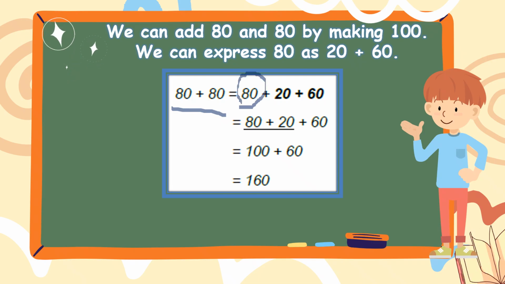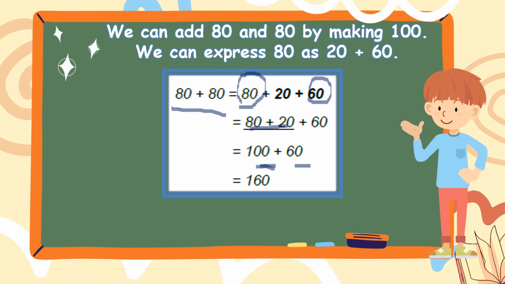Now you make it a little bit smaller so that 80 plus 20 will give you 100, plus the remaining number, which is 60, it will now give you 160. So the total number of sheets for two pads is 160.